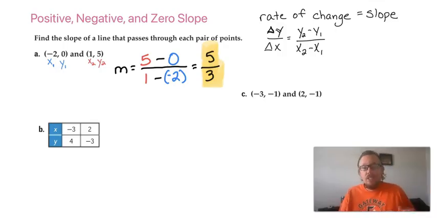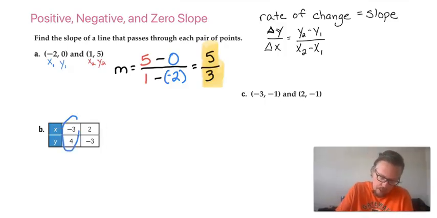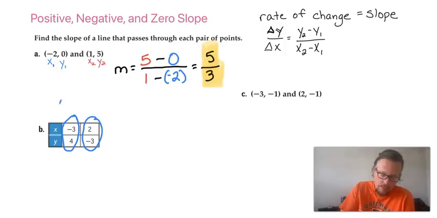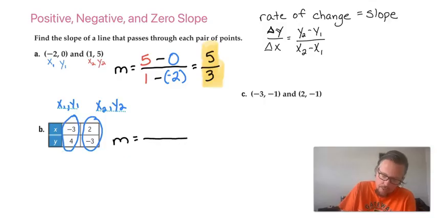Okay, let's take a look at problem B. This is displayed a little bit differently. Instead of coordinates, it's a table, but we're still going to do it the same way. We've got an XY coordinate pair here, and a second XY coordinate pair here. The first column is going to be our X1 and Y1, and the second column is going to be our X2 and Y2. So here we go. M equals Y2, which was -3, minus Y1, which is 4.